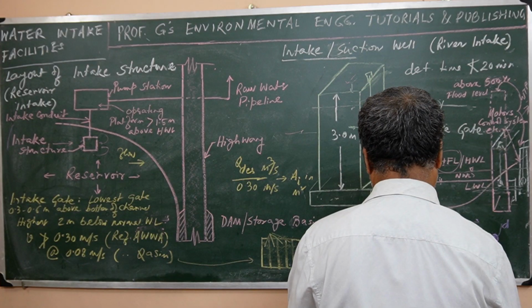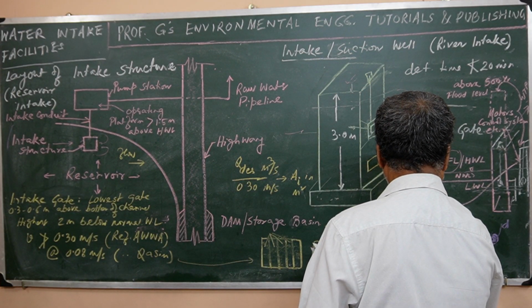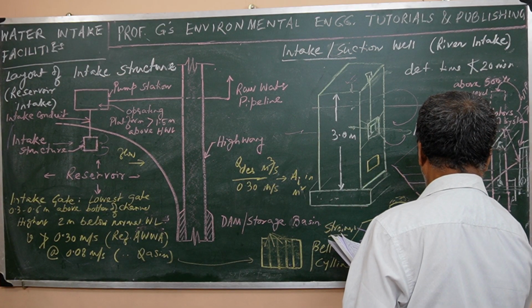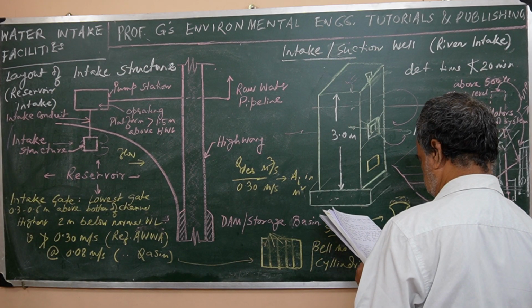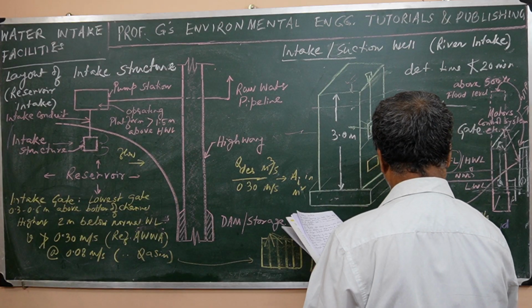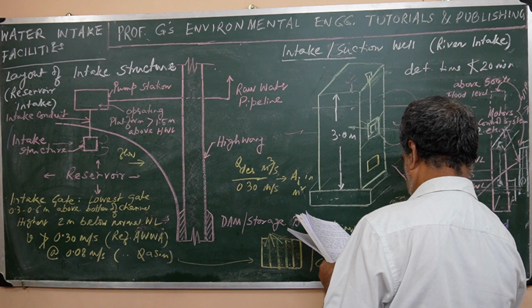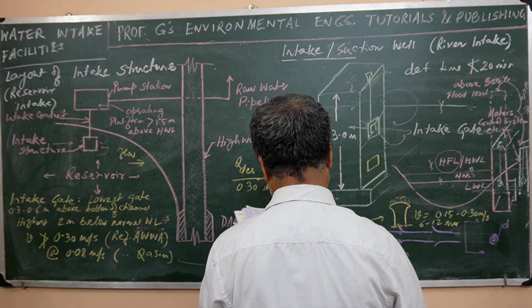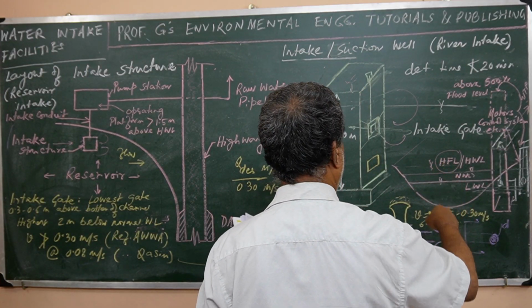For bell mouth actually, the velocity criterion is 0.15 to 0.30 meter per second. While the opening of strainer holes is 6 to 12 millimeter opening, the holes which will be there in the strainer.